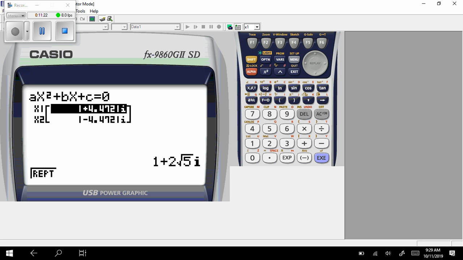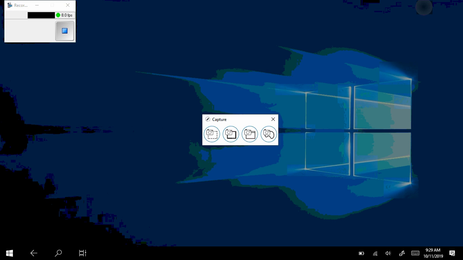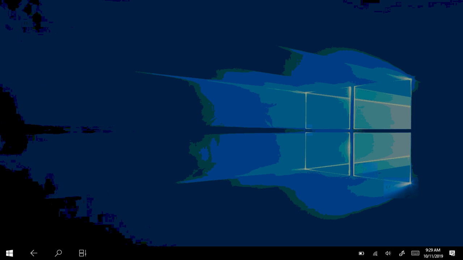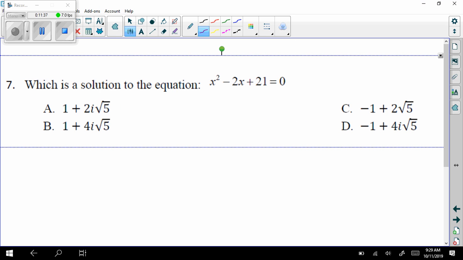This calculator is a little bit upgraded, so this one tells you 1 plus 2 root 5i and 1 minus 2 root 5i. So it's that one.